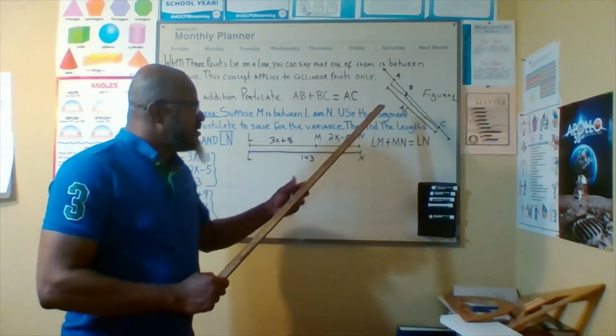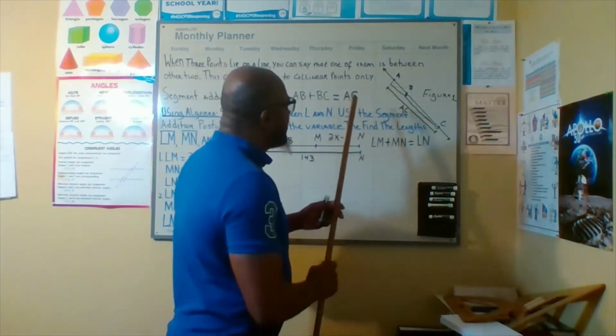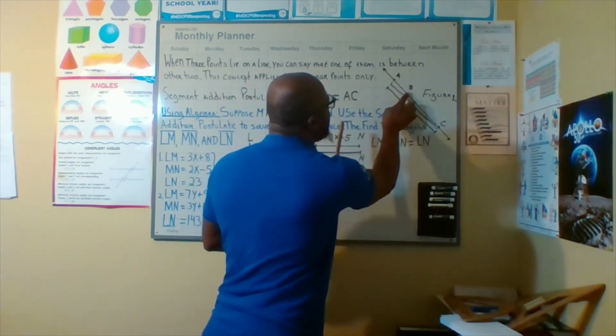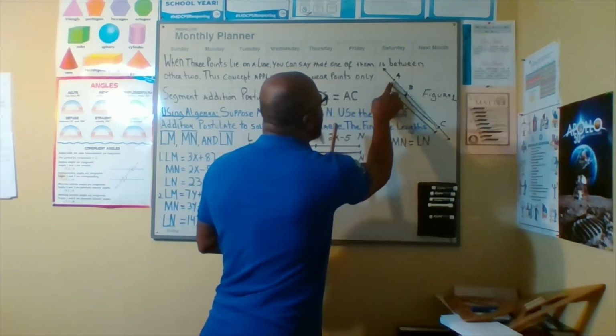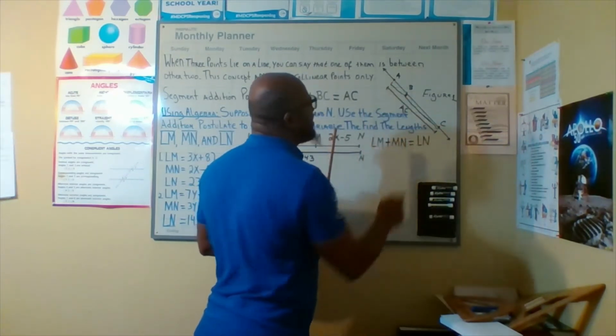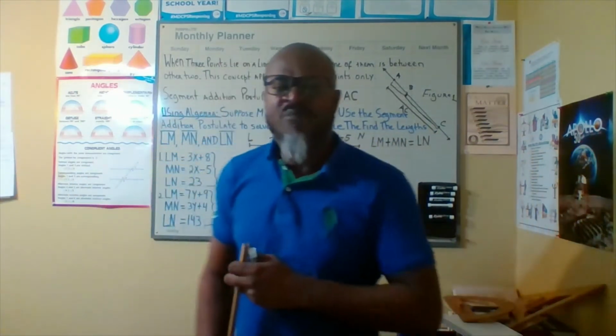Same thing here. If we have this segment, we have AB, BC. We can take AB plus BC is equal to AC. It doesn't matter what letters you are using.